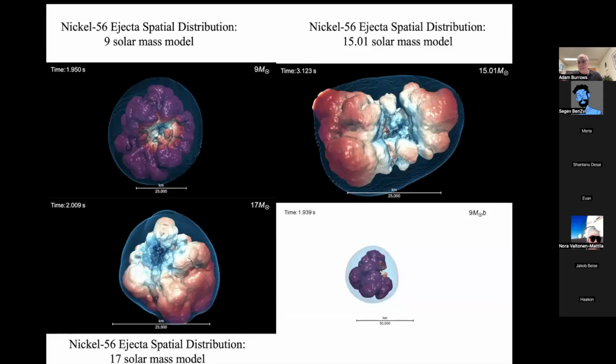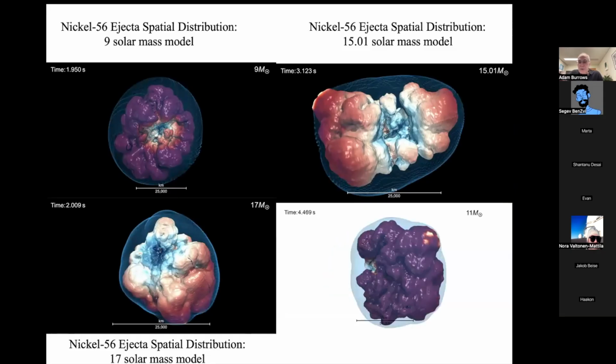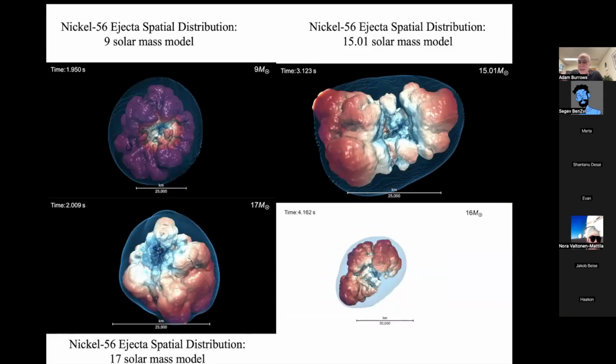Look at the bottom right: we have a collection at different times as we go up in ZAMS mass of what the explosion looks like in the first seconds, 4 seconds, 2 seconds, 5 seconds, etc. You can see in all cases, there are no spherical distributions. The isosurfaces you're seeing there are actually Mach number. The red is positive and the blue is negative.